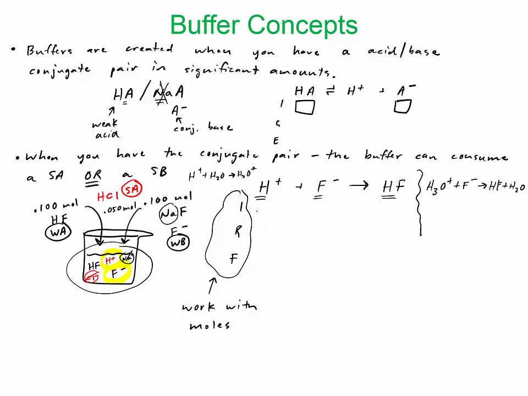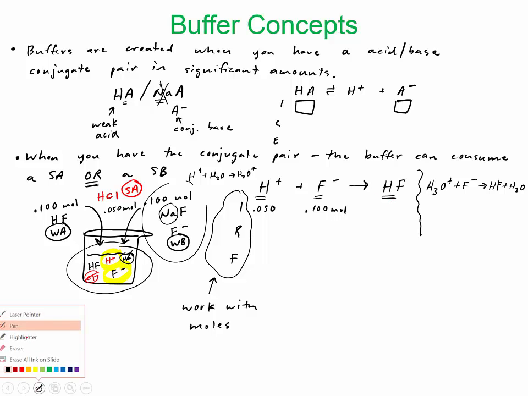So H plus we had 0.050 moles, and our F minus we had 0.10 moles. And HF is not 0. There's actually something there. So HF, there's 0.1. So we're going to put that number here. So we write 0.100 moles here.